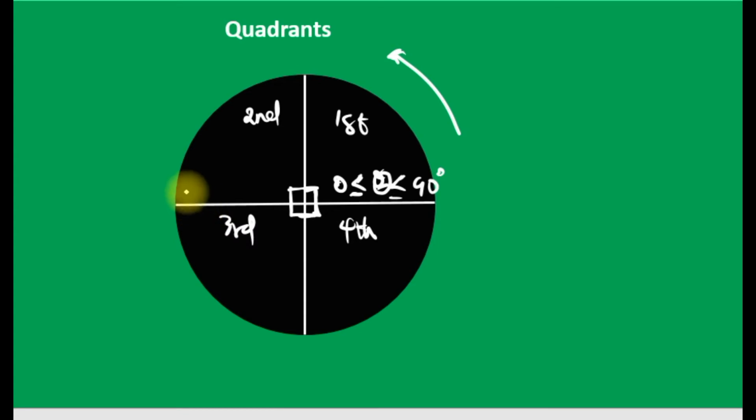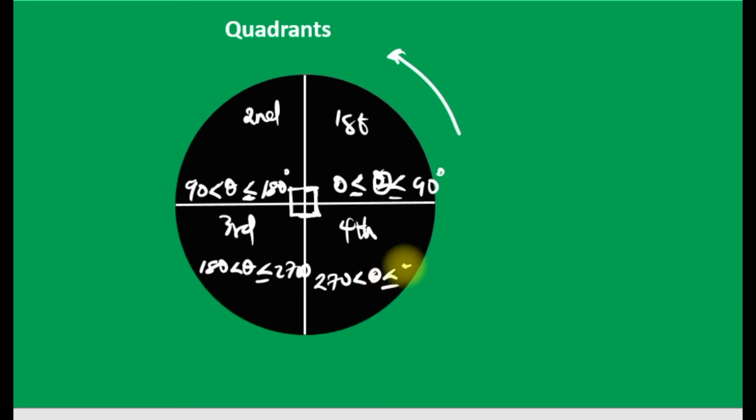The second quadrant must be from 90 point something to 180. The third quadrant must be from 180 point something to 270. The fourth quadrant must start from 270 point something to 360. So that's what we have in the fourth quadrant.